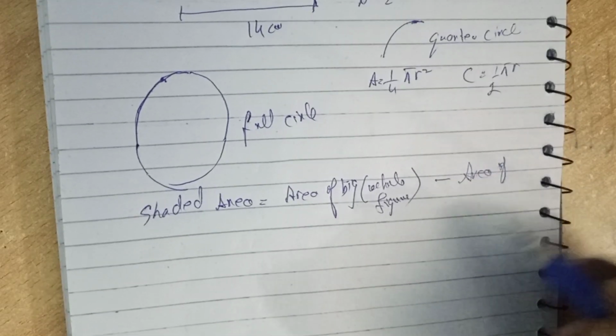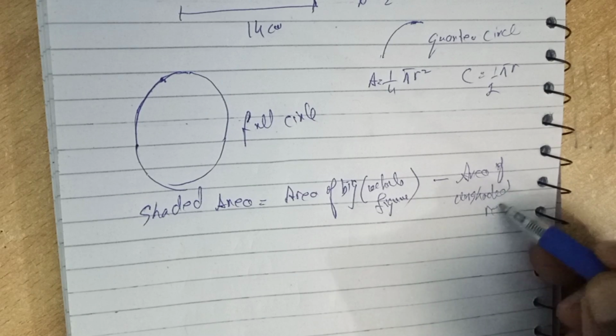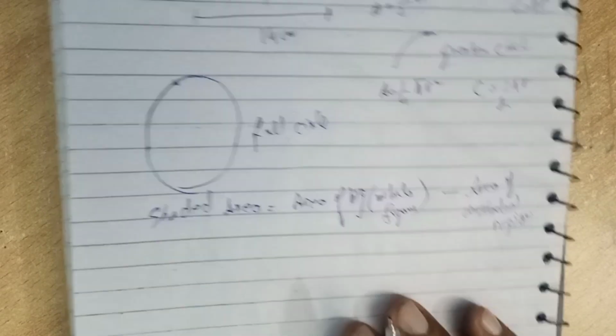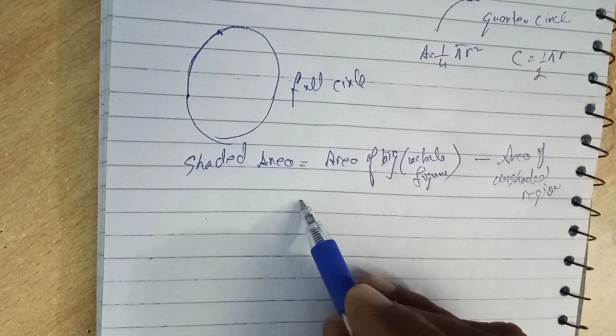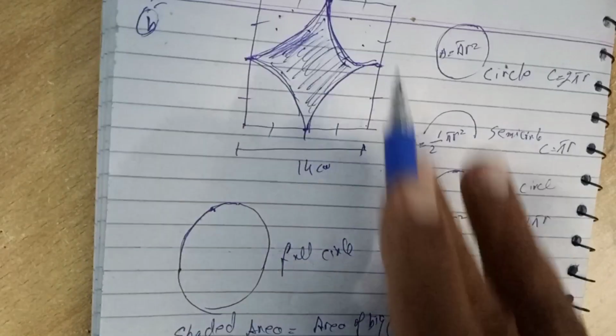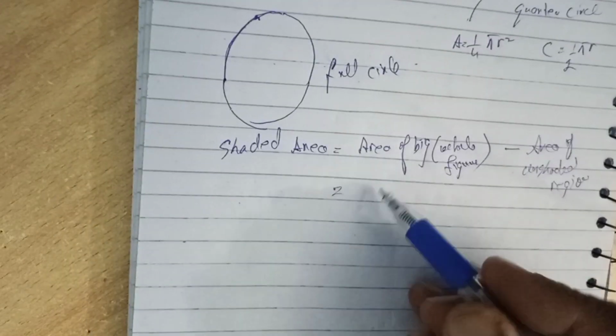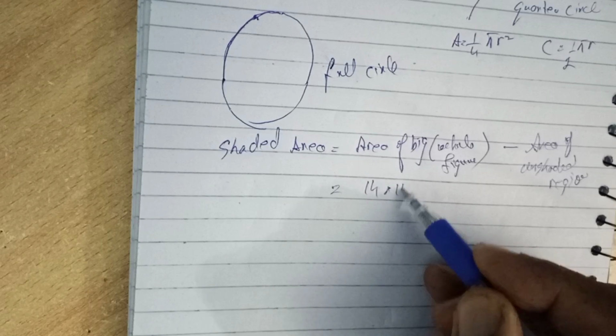Area of the unshaded region. What is the area of the big figure? This is a square. Its length is 14, so the area of the square is 14 into 14.